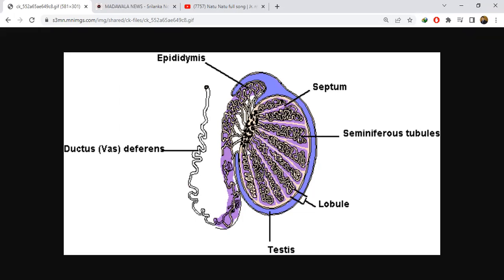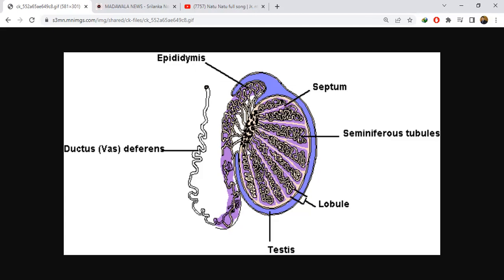Lobules. In each lobule, there will be seminiferous tubules. One lobule can hold 1 to 4 seminiferous tubules. Like this, in a single testis, 200 to 300 lobules can be there.